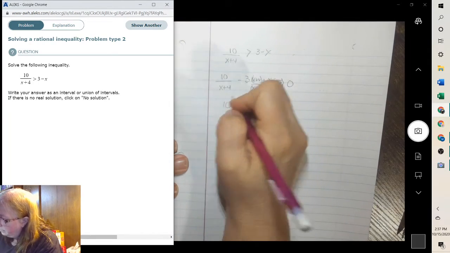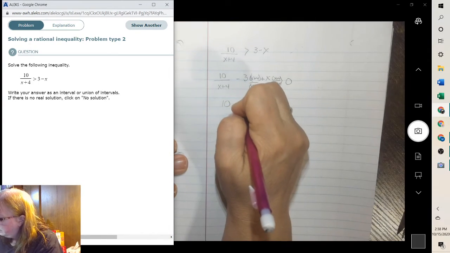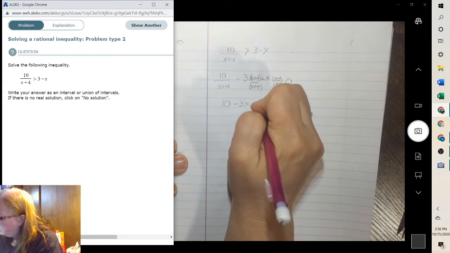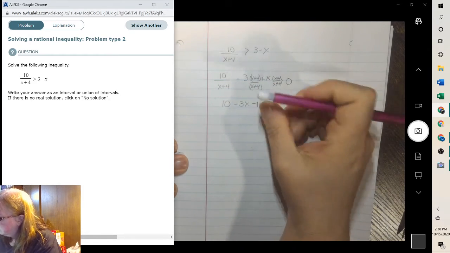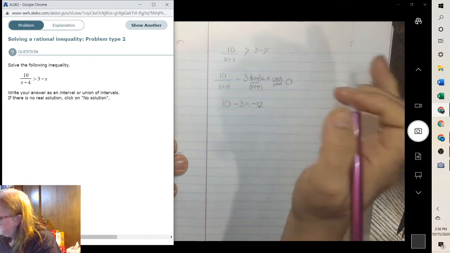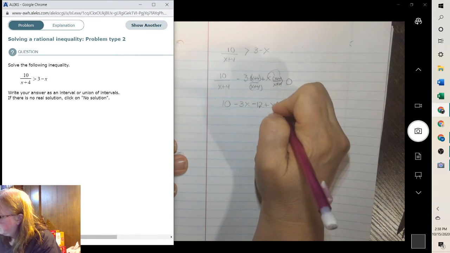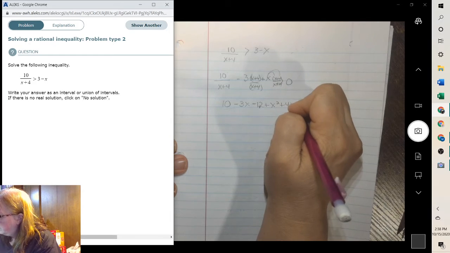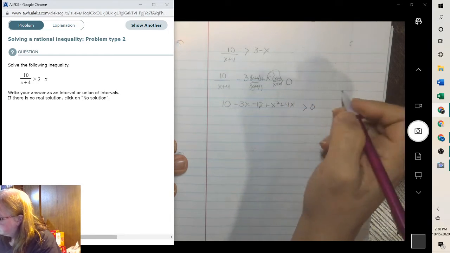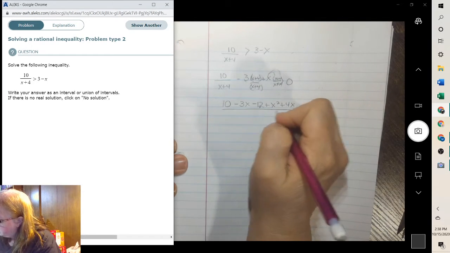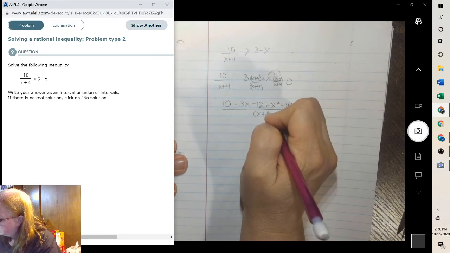So we have 10, distributing the 3, negative 3x minus 12. Distributing the x, I have a positive x squared plus 4x, all over x plus 4.